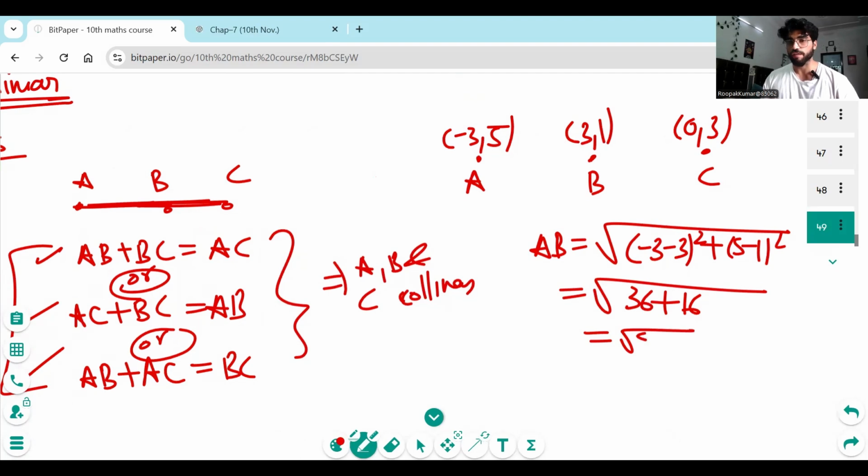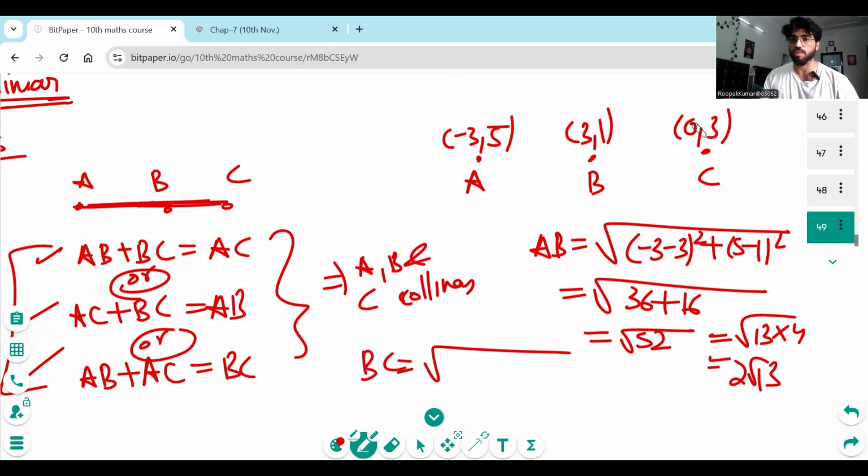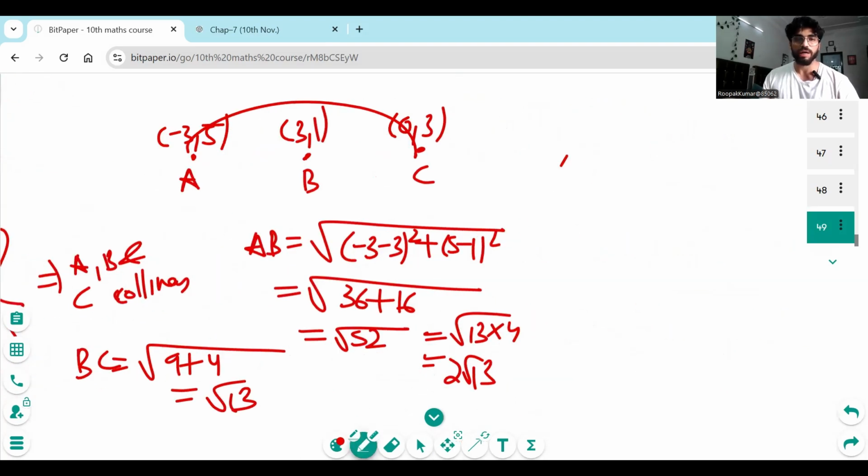That is root 52, which is 13 into 4, which is 2 root 13. If I go for BC, that is 3 minus 0 squared is 9, 1 minus 3 squared, that is 4. So root 13. If I go for AC, that is AC.